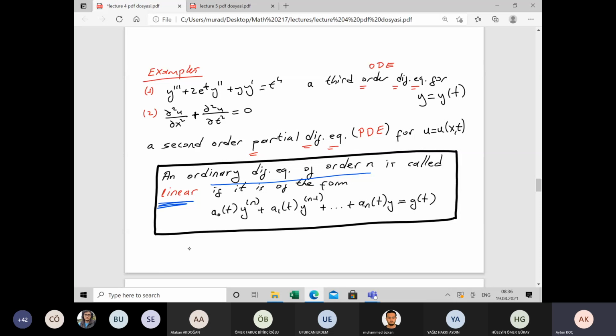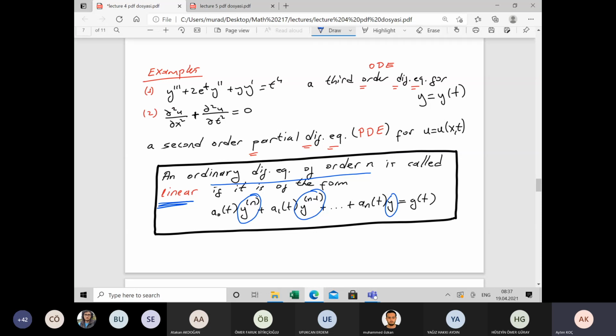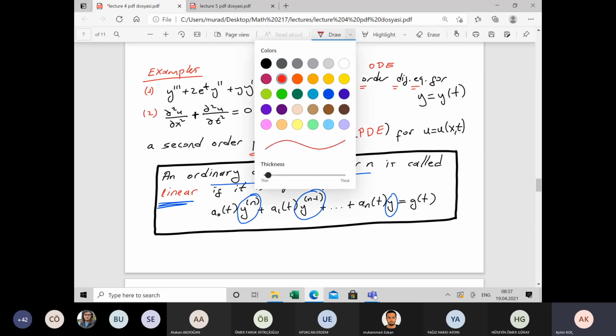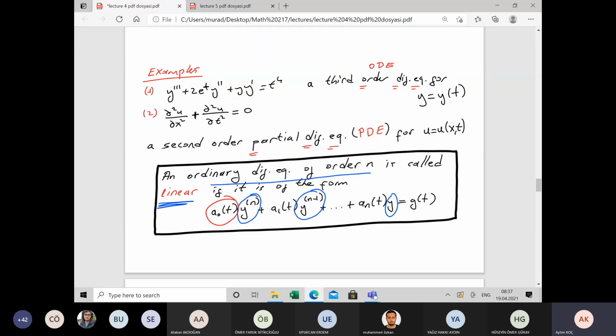What's the form? Look at this equation: the nth derivative, the n minus 1 derivative of y, and y. Look at the coefficients of the derivatives, using a different color, and also look at the right hand side.